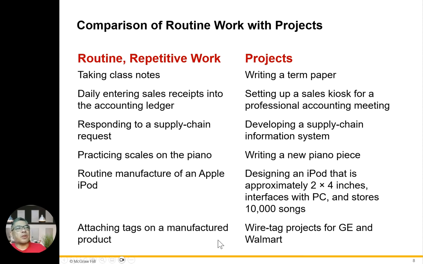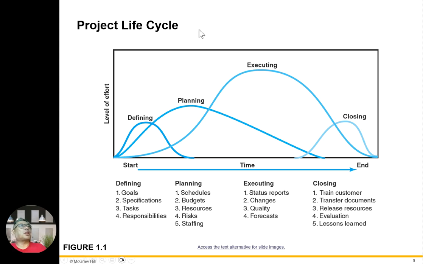You see the difference: the project is on the right side, and the routine side is on the left. This is a typical chart of the project life cycle, showing the level of support from start to end over time: defining, planning, executing, and then closing. Defining starts from goals, specifications, tasks and responsibilities.